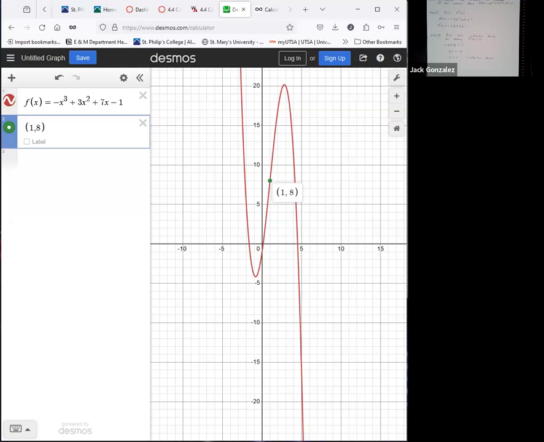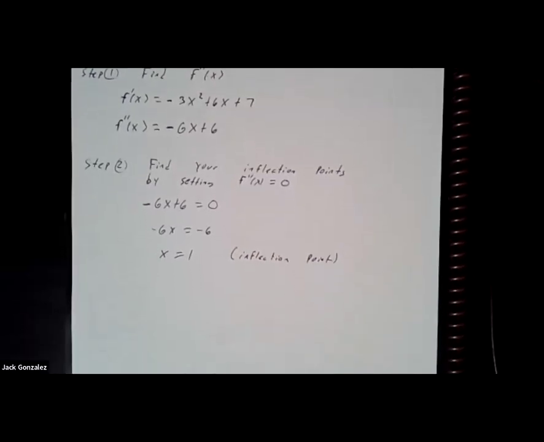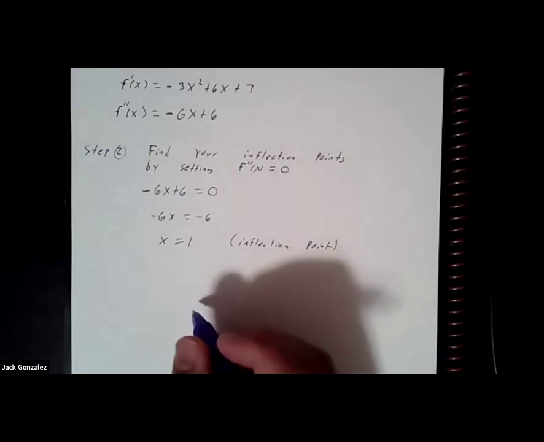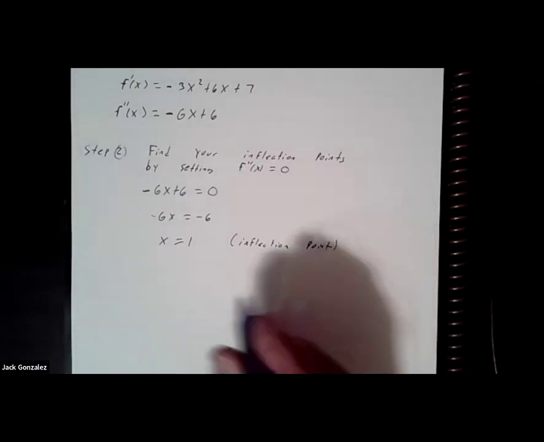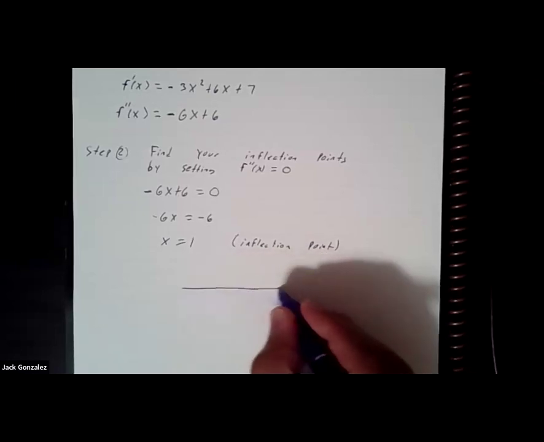Yeah, that makes sense. So once you have that, you can give the intervals and answer the question. But let's say we didn't have the graph. You would have to use the test to figure out where we're concave up or down.